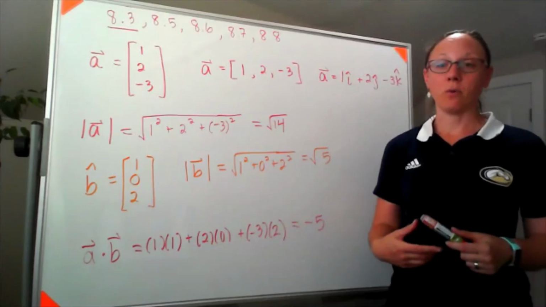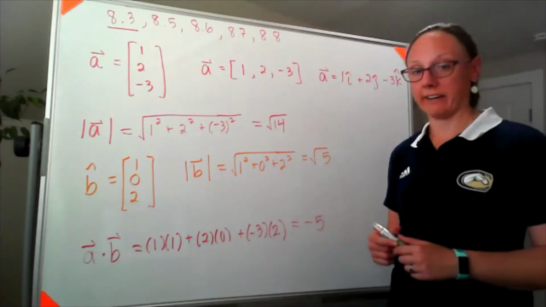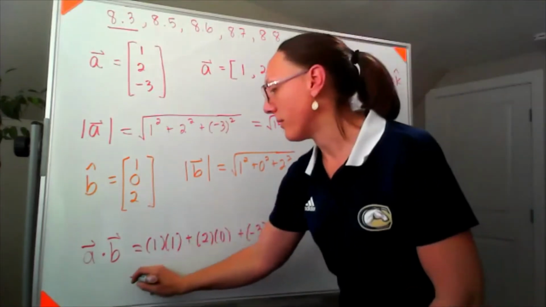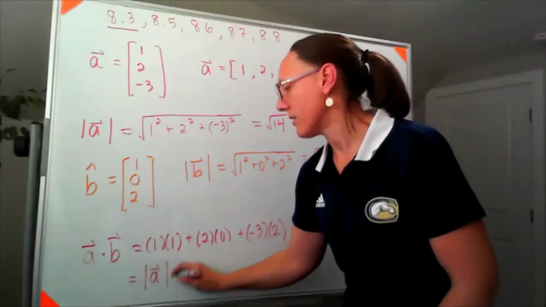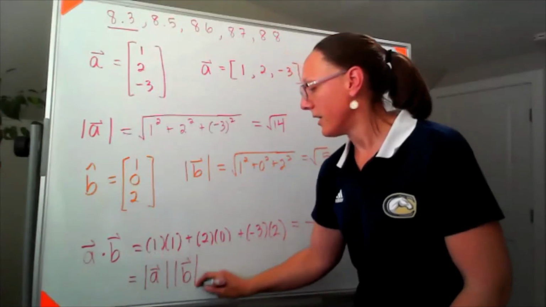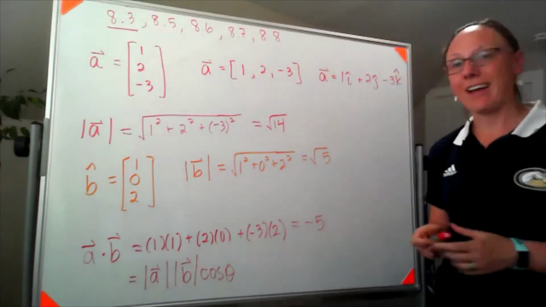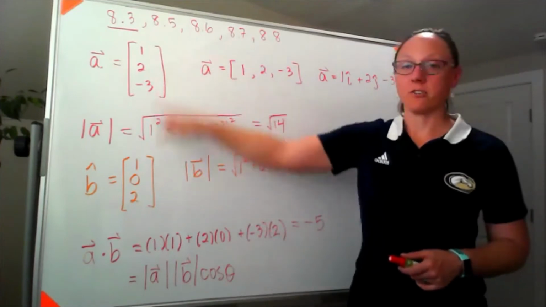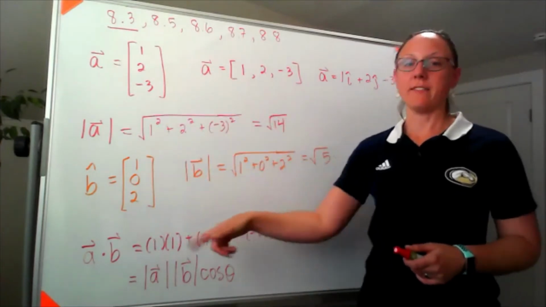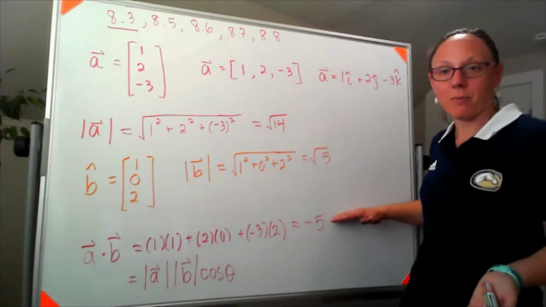Now there's another form for the dot product that involves cosine of the angle between the 2 vectors. So A dotted with B, we can also write as the magnitude of A times the magnitude of B times cosine of the angle between them. In general, I don't know the angle between the 2 vectors. I'm just given vectors in component form. So finding the dot product this way is usually the easier method.